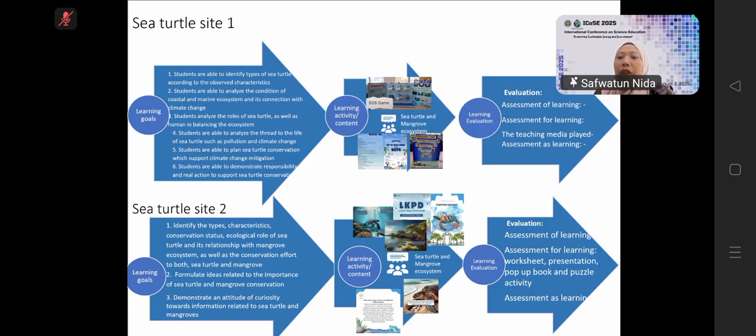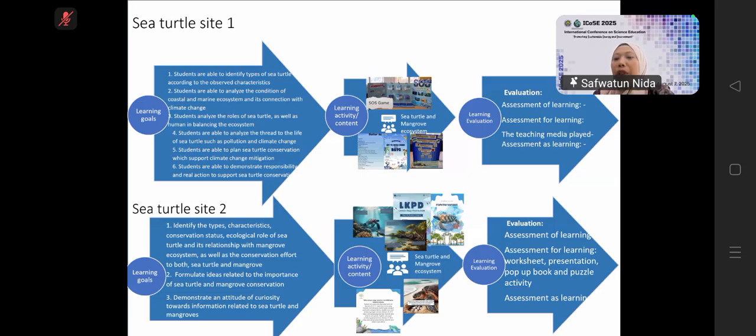The Science Future teachers design some activities for the junior high school students, such as students observe a picture of a marine ecosystem and identify the biotic and abiotic components. And then students analyze the environmental issues in coastal and marine ecosystems. And students play the sea turtle footprint game to learn about the process of sea turtle conservation.